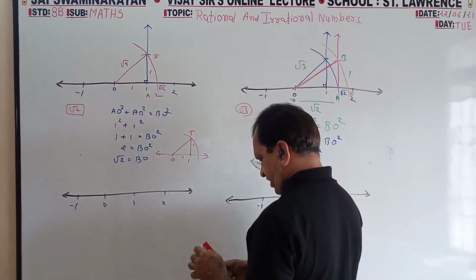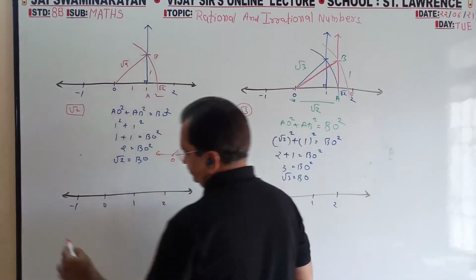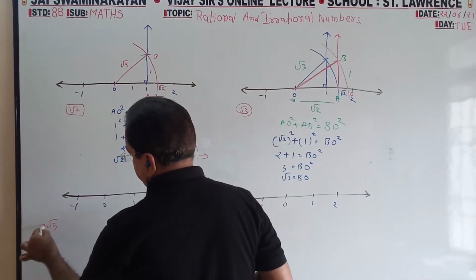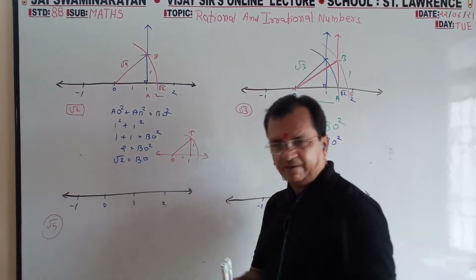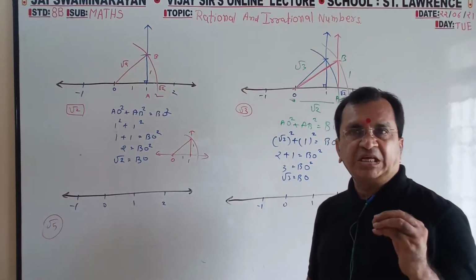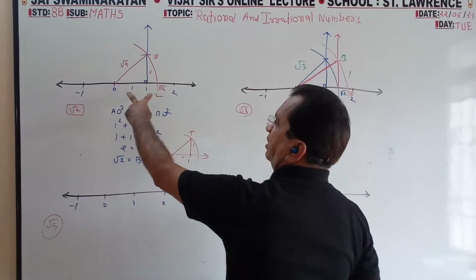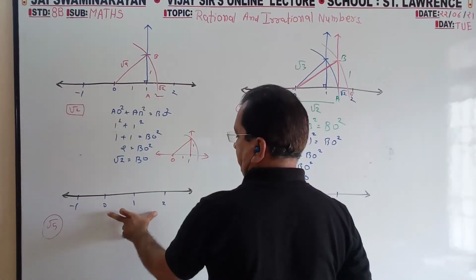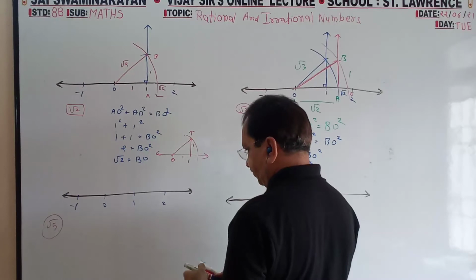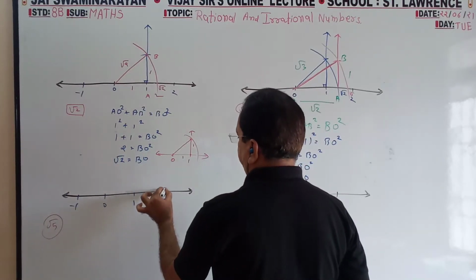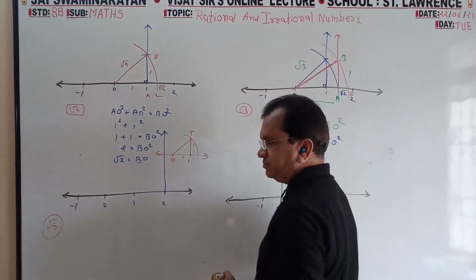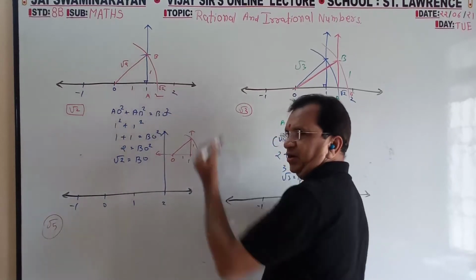Okay, now root 5. Same as this, but now we do not take 1, we take 2 at a time. Take 2 and draw a perpendicular here.